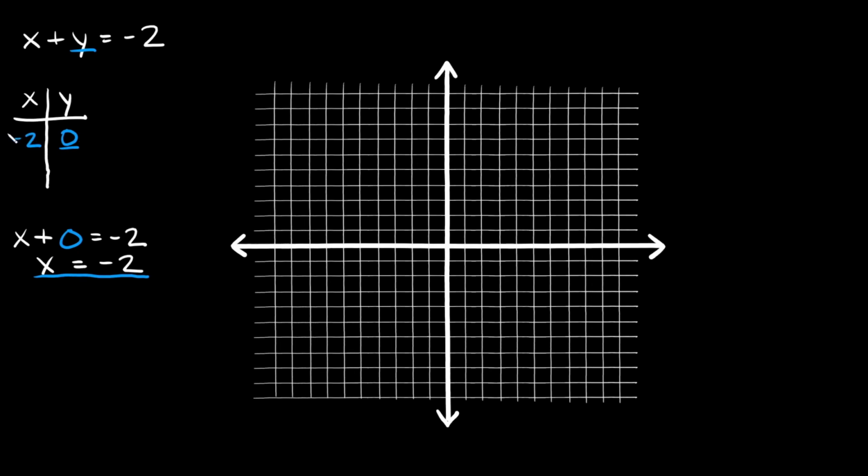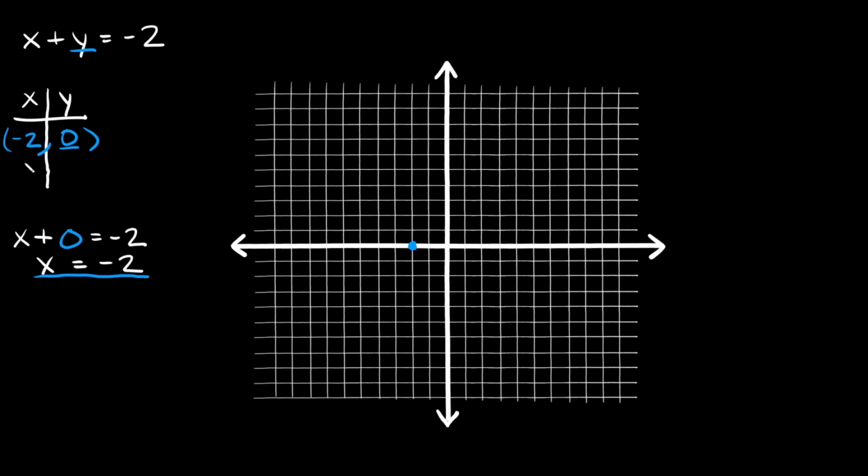Great. We found one of our points right here, so it's at -2, 0. Let's plot that point really quick. From the origin, we're going to go -2 spaces in the x direction, so -1, -2. And then 0 spaces in the y, so we're not going to move up or down. We're just going to stay right there. So that's one of our points.